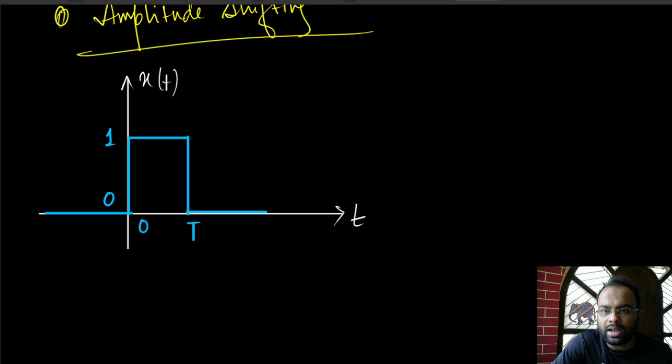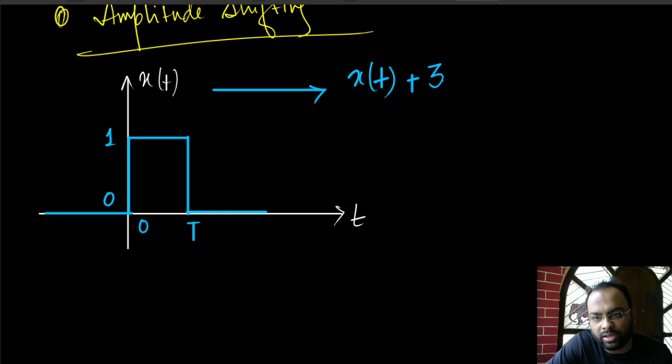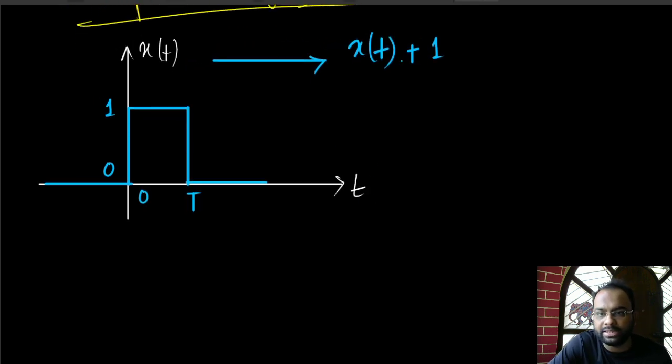So now the question is how would I get from this something like x(t) plus, say for example 3, or say for example x(t) plus 1? How would I get that? What do I have to do in order to get x(t) plus 1, right?